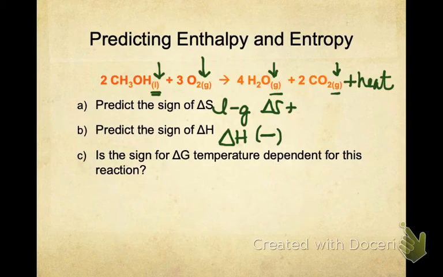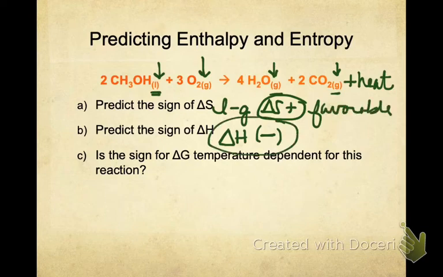And then it's asking if the sign for delta G is temperature dependent for this reaction. Well, delta G would not be temperature dependent because both enthalpy, delta H, and entropy, delta S, are favorable. Like we said earlier, anytime delta S is positive, that's favorable.